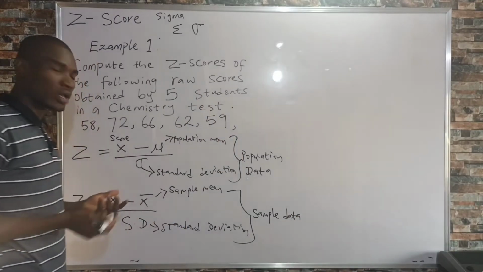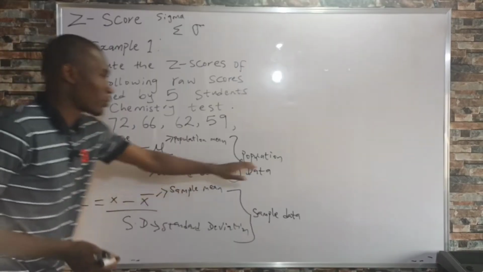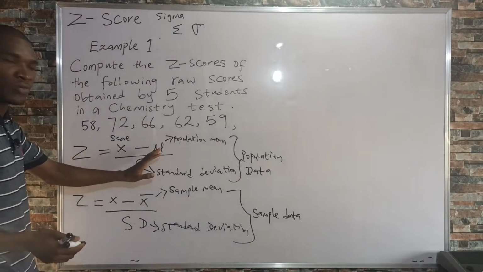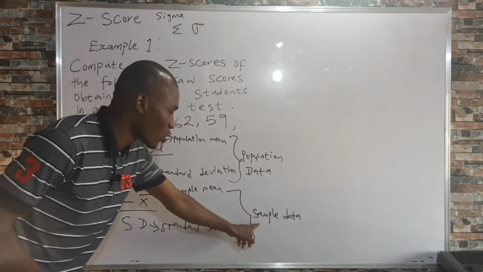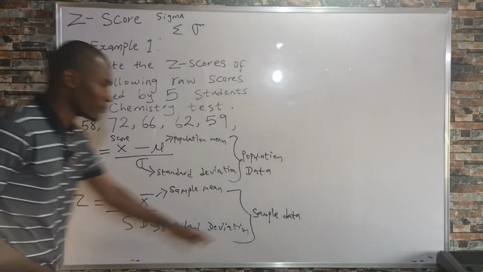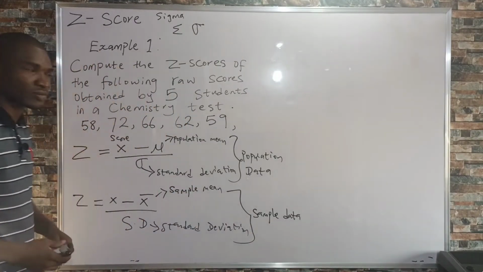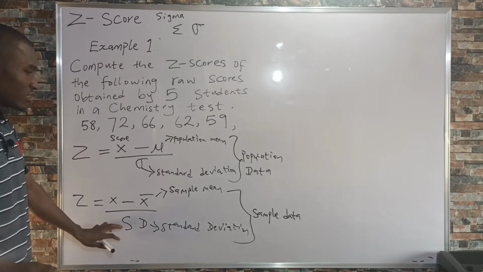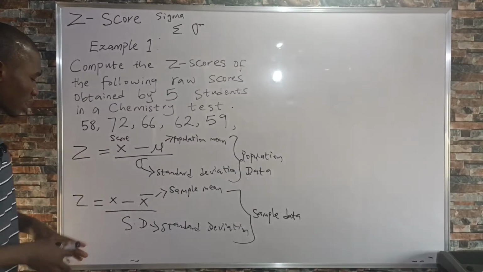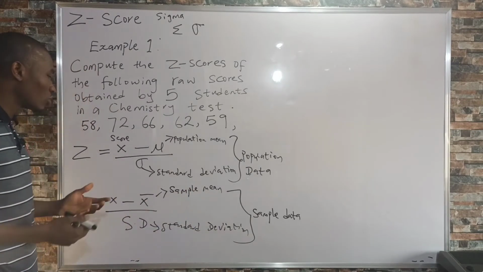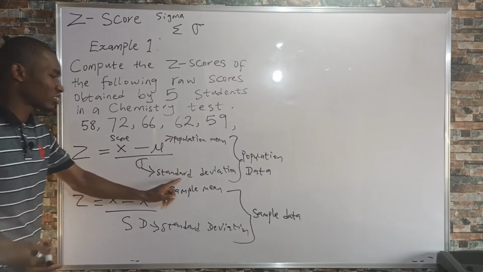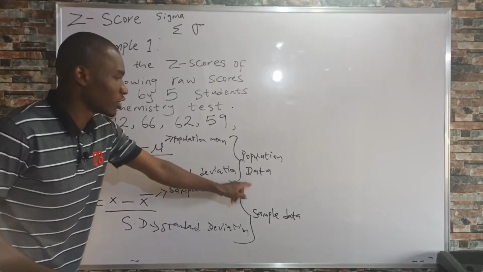So if we want to calculate the z-score for population data, we use the first formula, while we use the other formula when we are trying to calculate the z-score for sample data. Then pertaining to the standard deviation, there is a different formula for calculating the standard deviation for sample data, and also a different formula for population data.